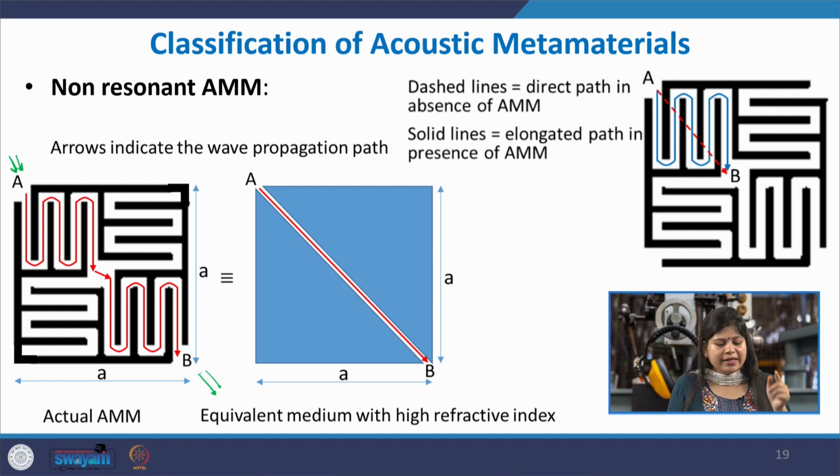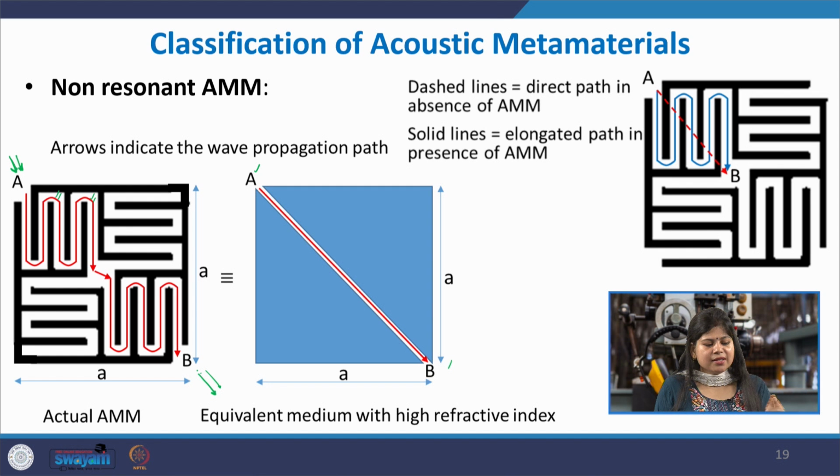So, now instead of going through a straightaway path, it is forced to travel in this way. This shows the path taken by the wave in order to reach point B. So, the wave has to travel a much longer distance to reach from point A to B, whereas it could have simply traveled in a straight line. So, we are elongating the path.